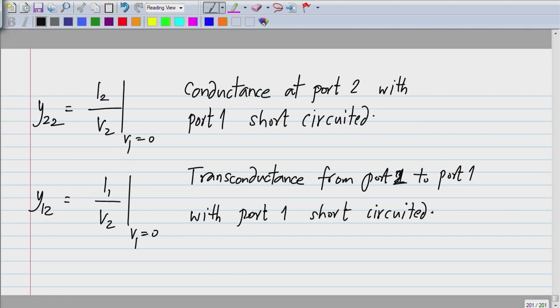Okay. So now when I say measure, it also applies to calculations.